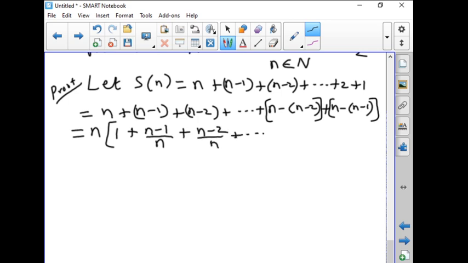So what will be the last one? n minus 2 by n plus n minus 1 by n. Okay. So check it. என்ன உள்ள எடுத்துட்டு போய் செக் பண்ணு. Previous step வந்துருதா? Okay. So what we have written is correct.